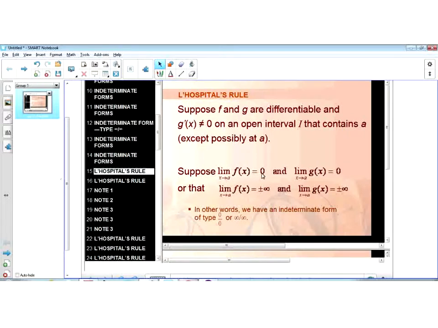And suppose that the limit as x approaches a of f of x is 0, and the limit as x approaches a of g of x is 0, or such a limit could be plus or minus infinity for f, and such a limit could be plus or minus infinity for g of x. Then, and of course, what's not apparent here is that we're talking about the limit as x approaches a of the rational function, f of x over g of x, okay?